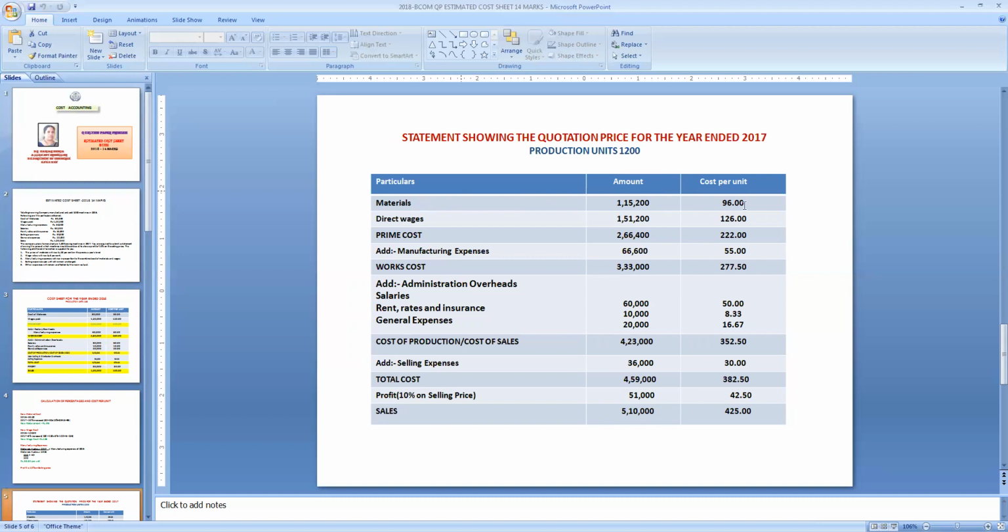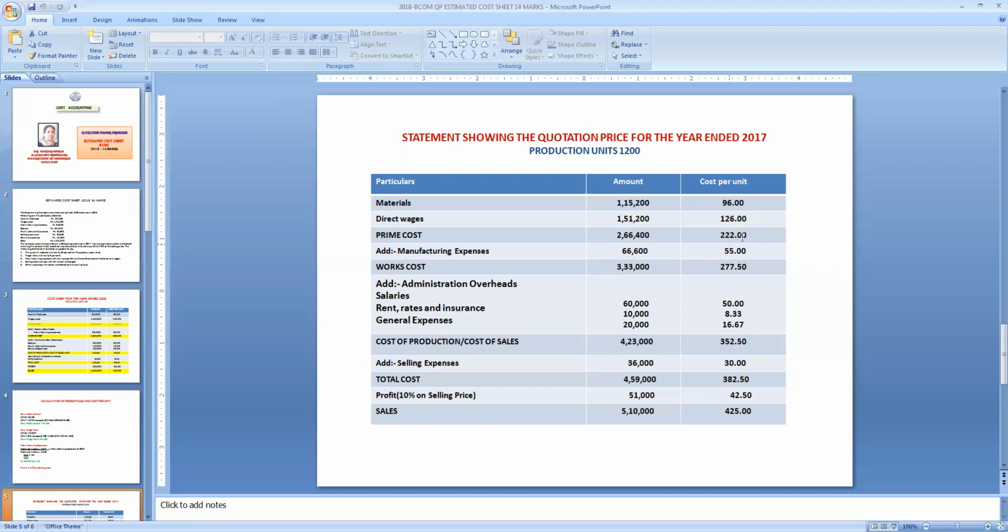The materials is 96 rupees, the new material cost. For 1200 production units, it comes to 1,15,200. Then direct wages, the new direct wage we calculated is 126 per unit into 1,200, which comes to 1,51,200. Both together, if we add, we get the prime cost of 2,66,400.